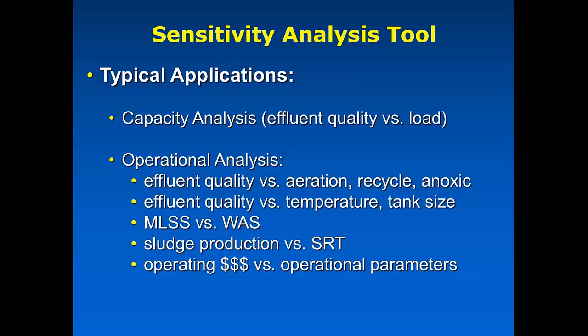We have operational analysis, looking at effluent quality versus internal recycle versus anoxic zone fractions, and sometimes you can pull a bunch of those things together, looking at SRT, mixed liquor versus the amount that you're wasting, and even getting into looking at the other operational parameters and their effect on the overall cost of running your plant. And as you know, in GPSX, we do some analysis of the operating cost in terms of energy requirements and so on, and all of that information can be included in your sensitivity analysis.